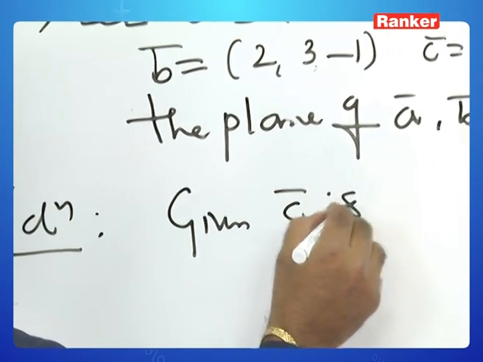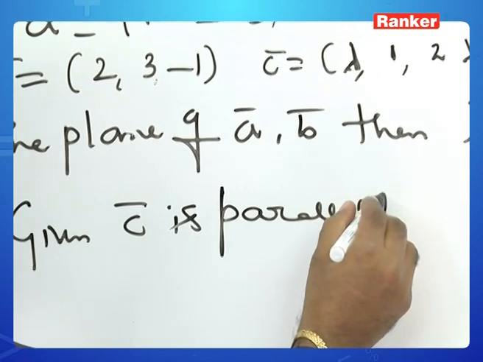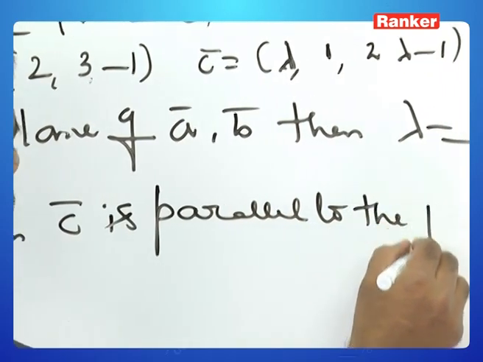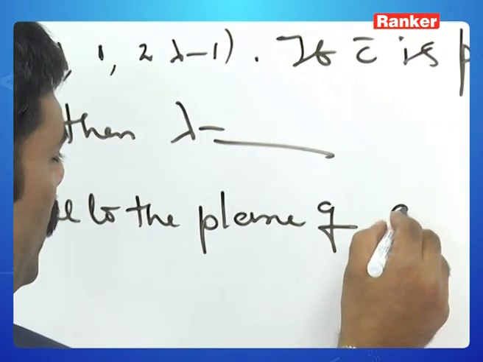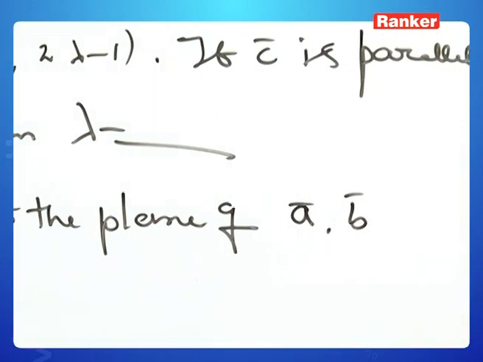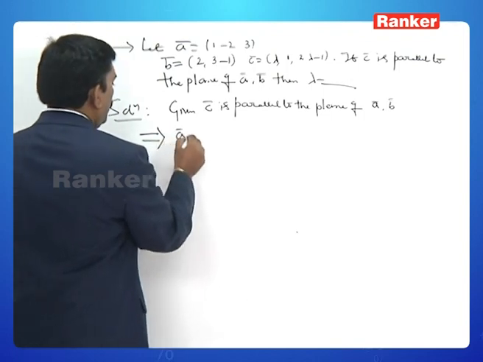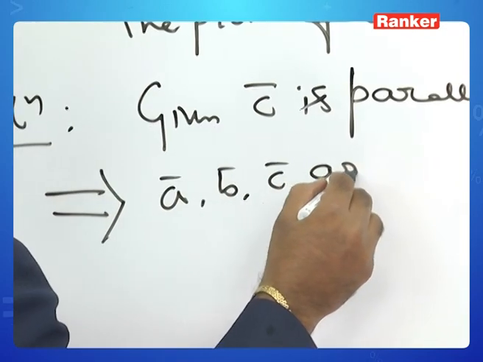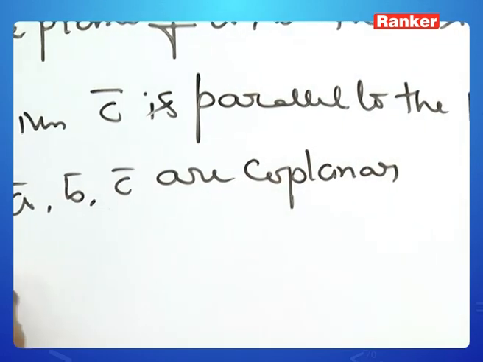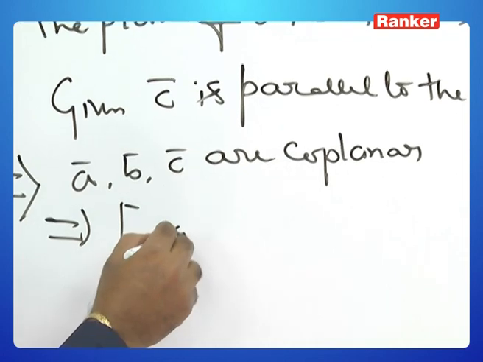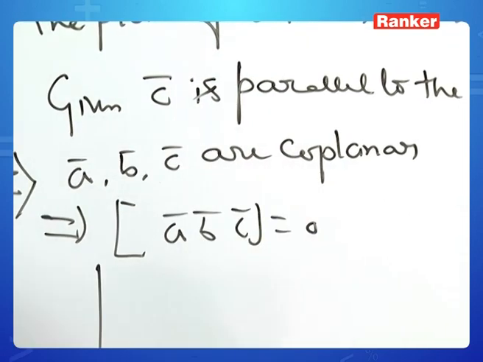I can write the solution of this one. Given C bar is parallel to the plane of A bar, B bar, which implies A bar, B bar, C bar are coplanar, which implies box of A bar, B bar, C bar is equal to 0.